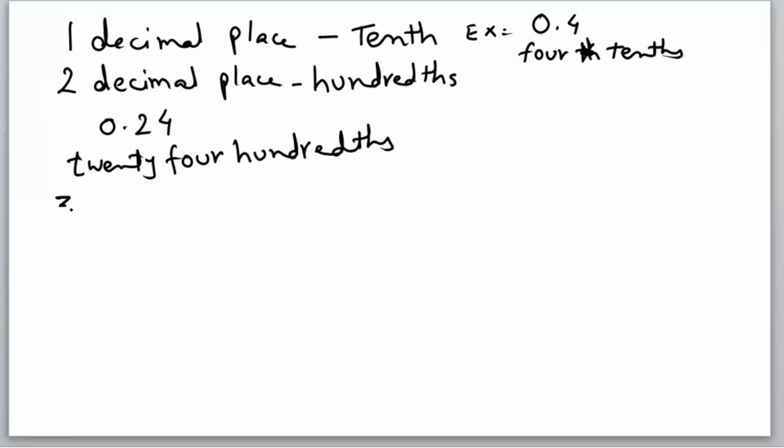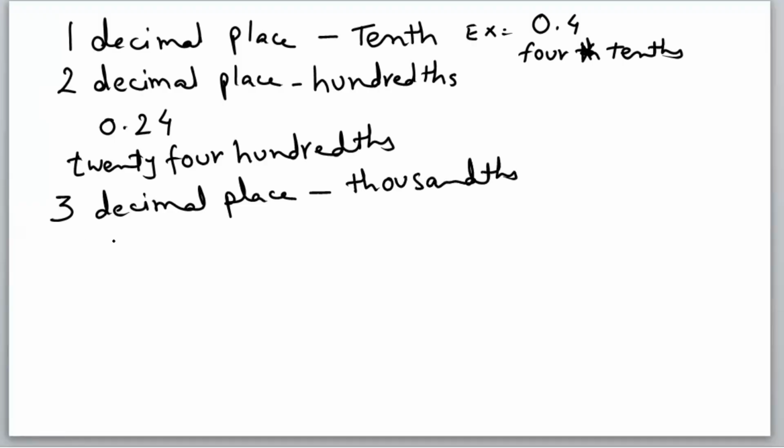And if the number has three decimal places, then it will be thousandths. Okay, like 0.365. Then just read 365. And how many digits are there in the decimal place? 1, 2, 3.